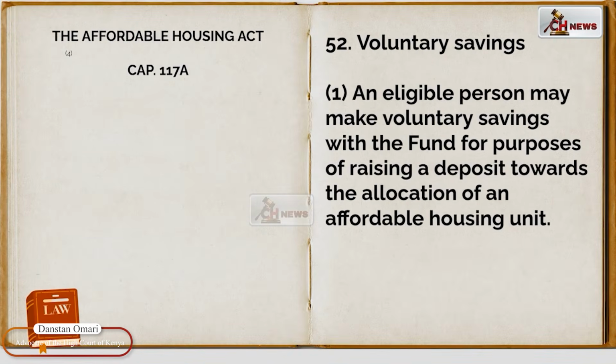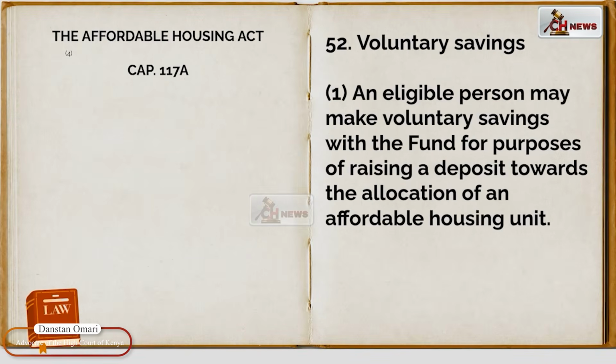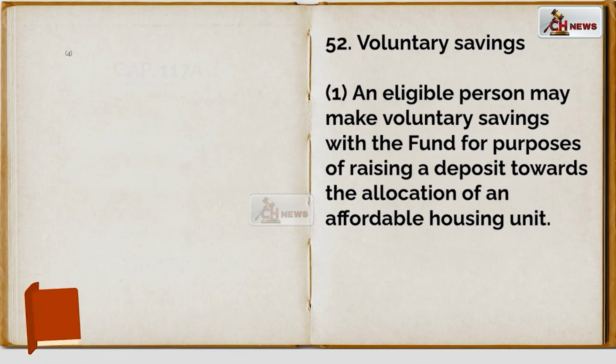It says, an eligible person may make voluntary savings with the fund for the purpose of raising a deposit towards the allocation of an affordable housing. You can yourself put your own money as a saving, just like a SACCO, for the purpose of getting a mortgage from there.